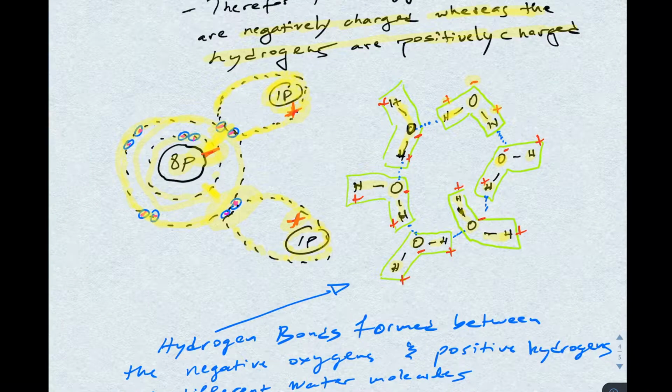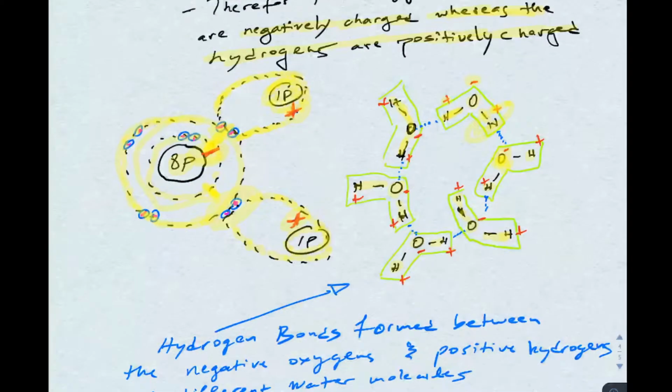What you should notice here is that if we take this hydrogen, notice it is pointing towards and closer to the oxygen of the next one because it is attracted to it because of those opposite charges.